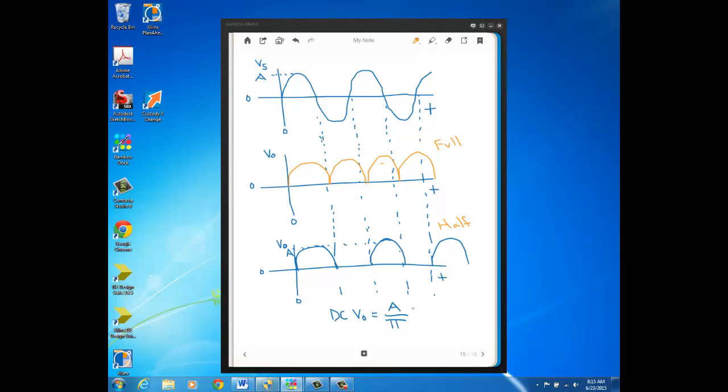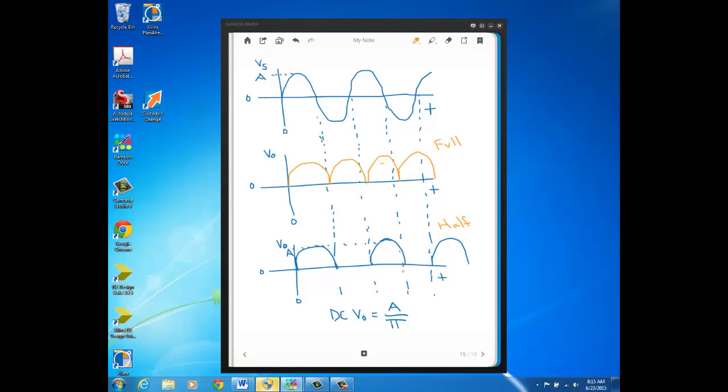And we discussed in a previous lecture that the DC output, the average V out of a half wave rectifier, is the peak voltage divided by pi. Well, with the full wave rectifier, you have double the number of half cycles.